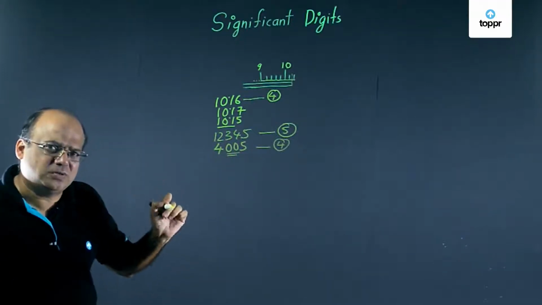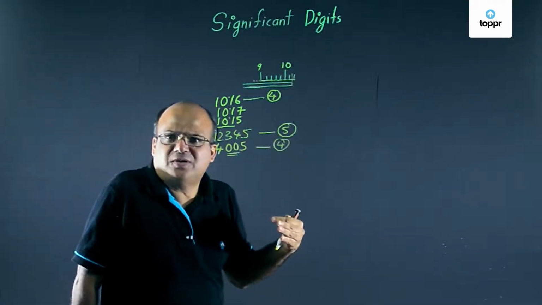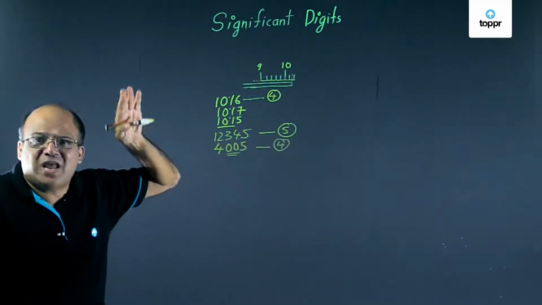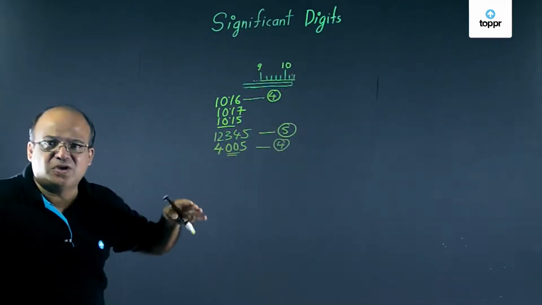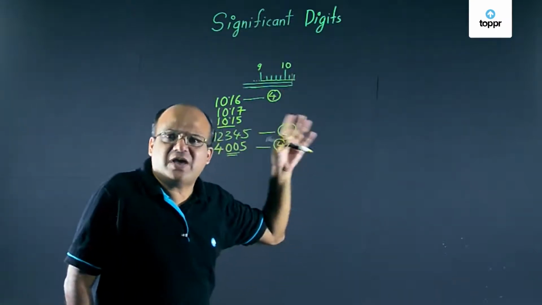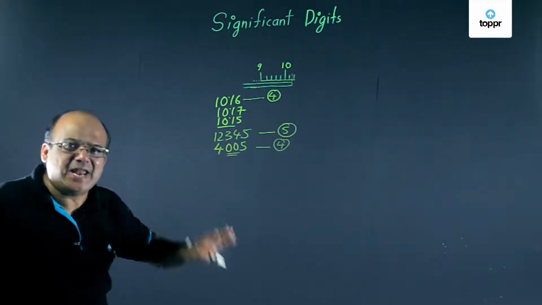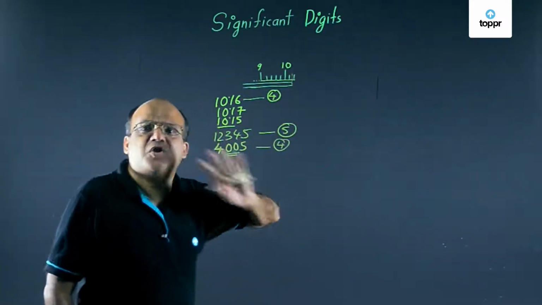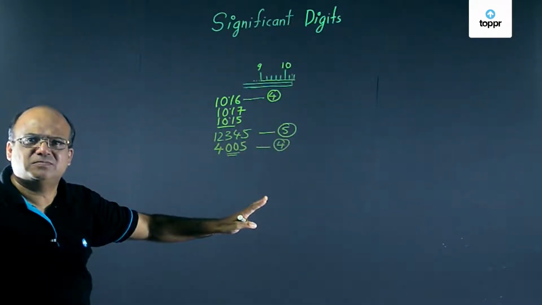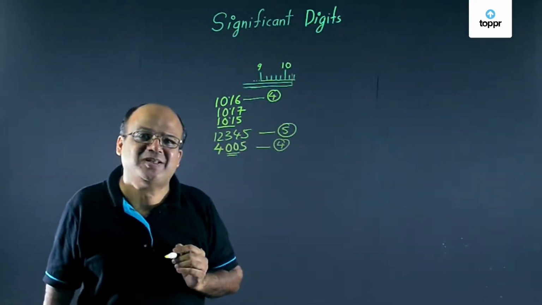Next rule, all zeros to the left of the leftmost non-zero digit in a number with or without decimal point are not significant. You may think I have said something wrong, but let us look at this in more detail.